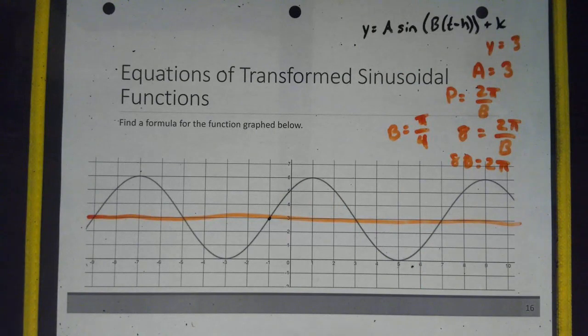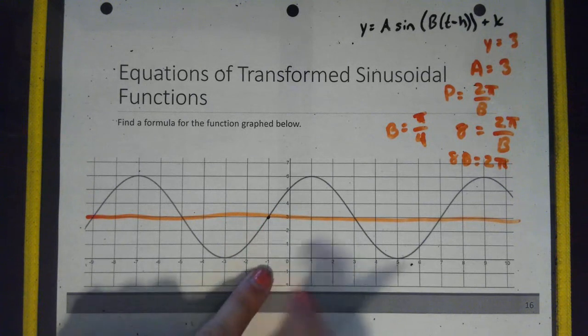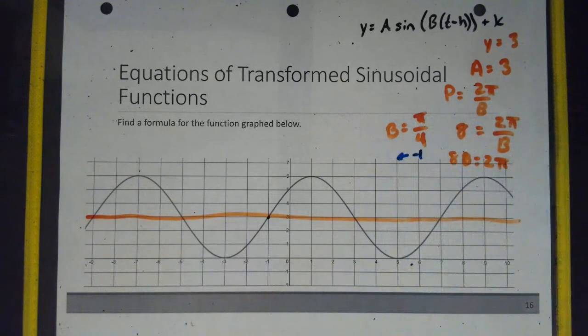Last thing is that horizontal shift. If we're thinking of this in terms of sine, then we need to start when we're at our midline and increasing. That's a horizontal shift of -1. So we need to shift to the left, -1.